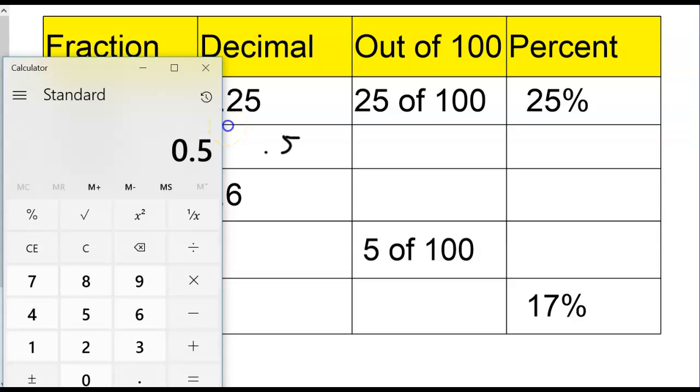So we're going to say then that we can move this decimal over 2 places, 1, 2 places, fill in a 0 there where there wasn't anything, and now that's 50 and a decimal, which is a whole number of 50. So I can say it is 50 out of 100. And I can also put a percent sign after I move that over and say that that is 50%.